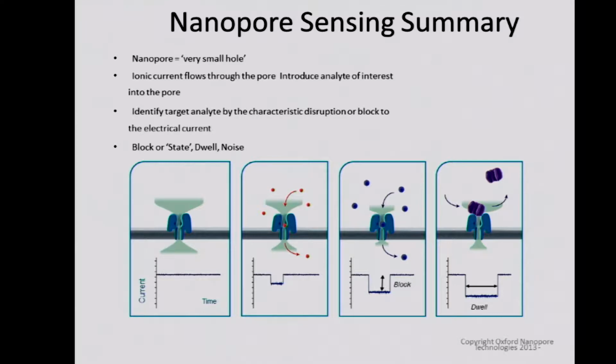So that's characteristic of the molecule that's actually sitting inside this pore. Furthermore, the length of time the particle remains in the pore is also relevant. If something stays in the pore for a long time, the length of that blockade is also increased. These are two features that can be measured to help identify what the molecule is sitting inside that pore.